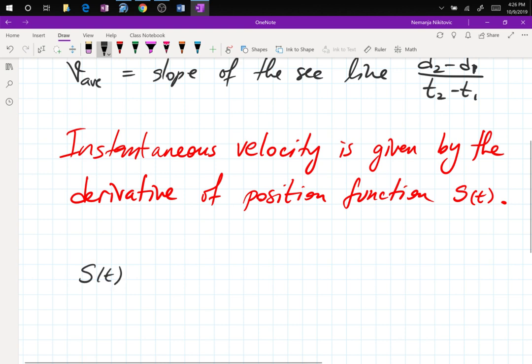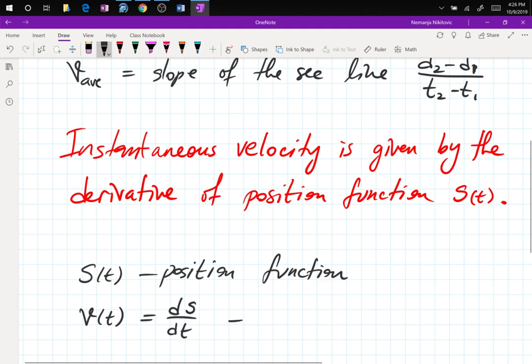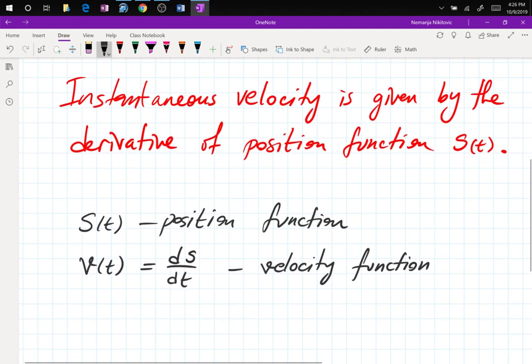S of t, position function. v of t, which is the derivative of s in time, is the velocity function, which will give you every velocity of an instant.